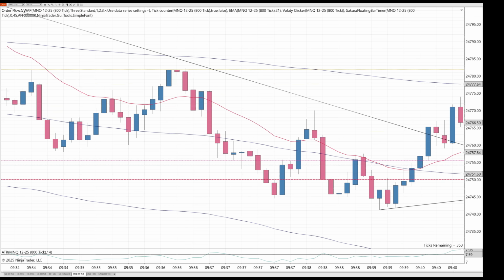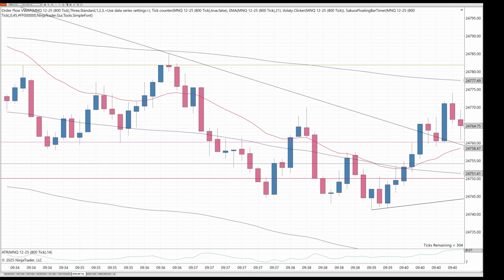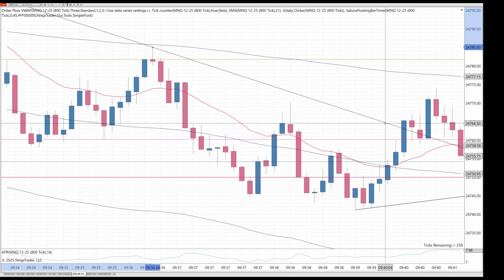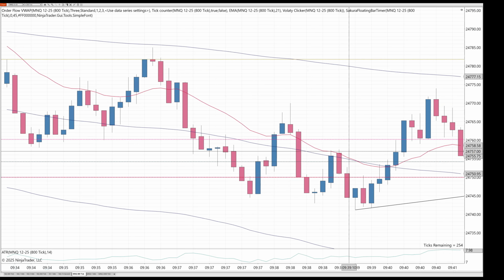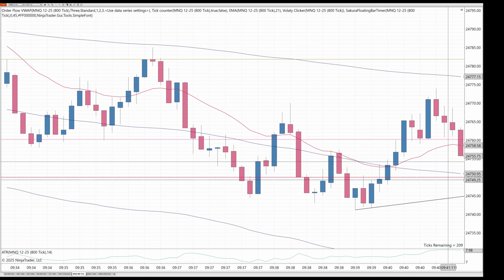And the runner is still running. Okay, the runner's finally taken out. You can delete this line here. And this will be a signal to go lower, but we have standard deviation and the 50 in the way. So we are not going to take this bearish.